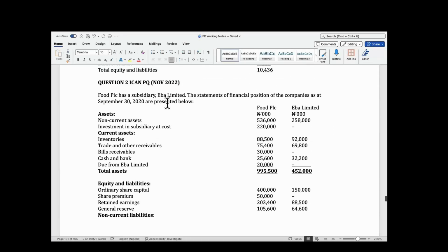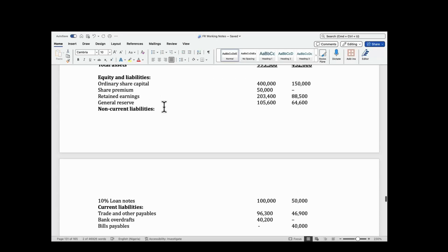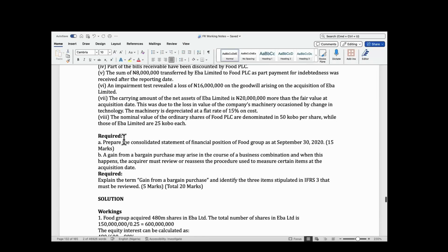Now, the one of November 2022, this one also, we're asked to prepare a consolidated statement of financial position. They also gave that you should explain the term gain from bargain purchase and identify 3 items stipulated in IFRS 3 that must be reviewed.